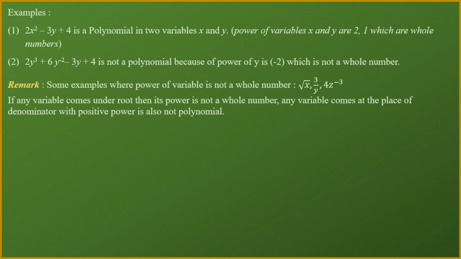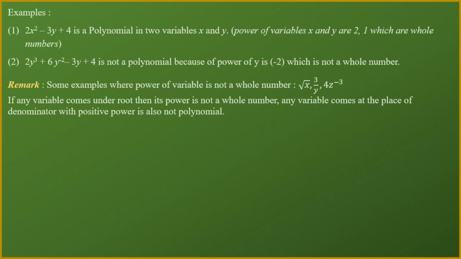So one thing you remember, you can't judge the power of a variable in the denominator. If I want to judge the power, I need to bring it to the numerator. So in that case, the second term y power will become minus 1, because when you bring it to the numerator, the sign of the power changes. And similarly, the third term z power is given here as minus 3.